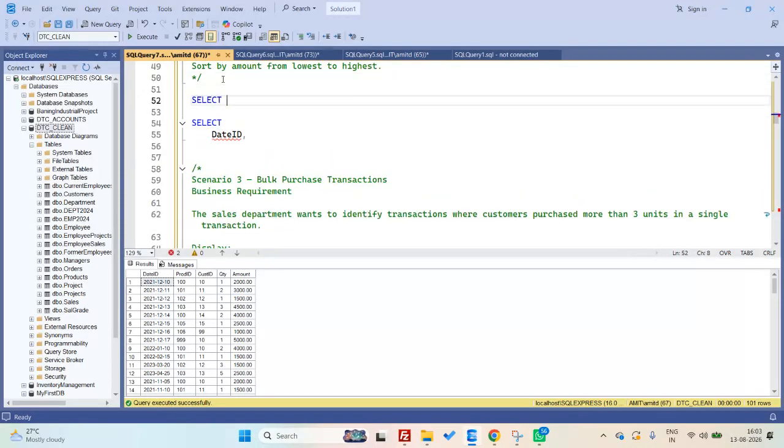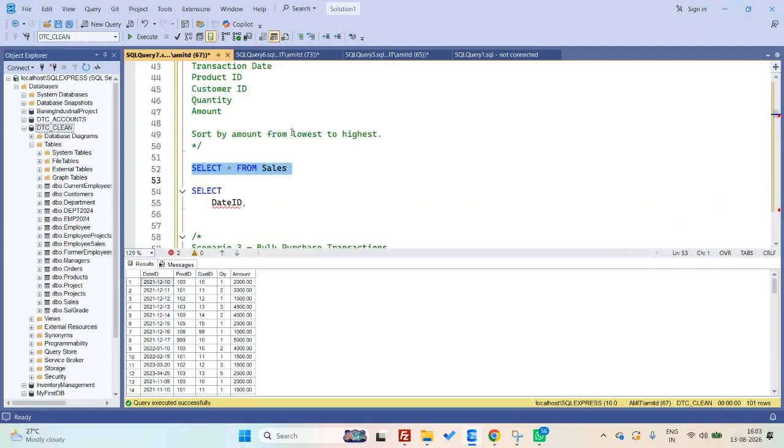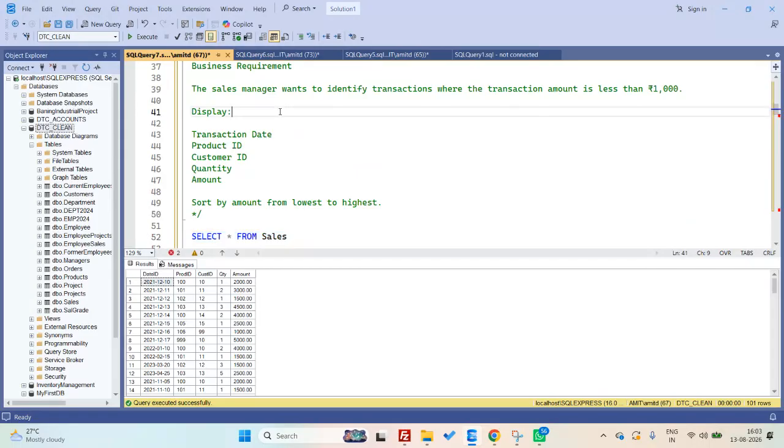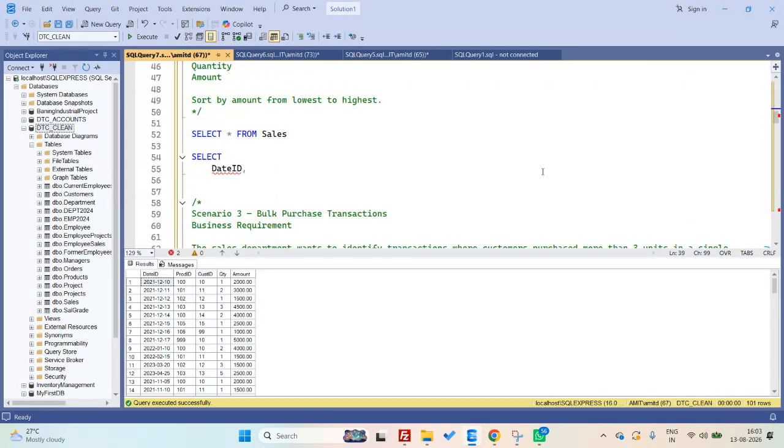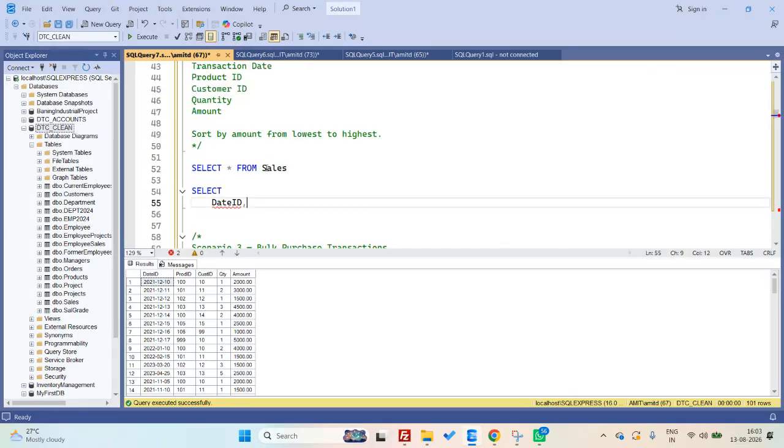Select star from sales, right? So I have all the records right here. Now I have to write a query to solve this business requirement. All right. Now transaction ID is a date ID.